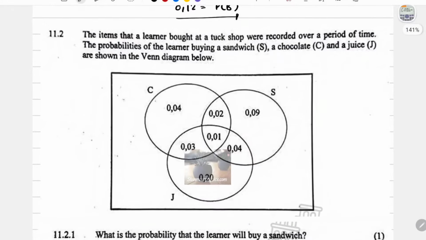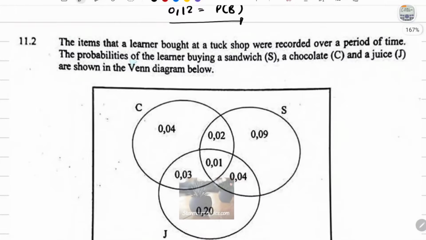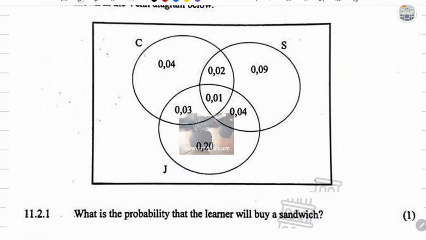The next question, 11.2, says, the items that a learner bought at the tuck shop were recorded over a period of time. The probabilities of the learner buying a sandwich, a chocolate, and a juice, represented by those letters, are shown in the Venn diagram below. So this is the Venn diagram that we have, and everything is in decimals.